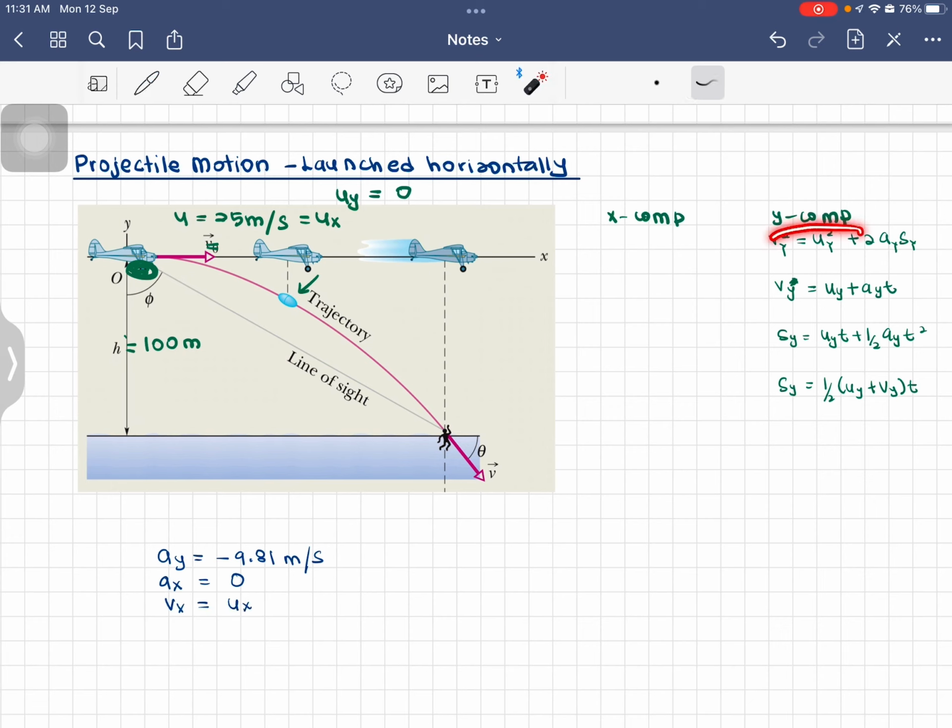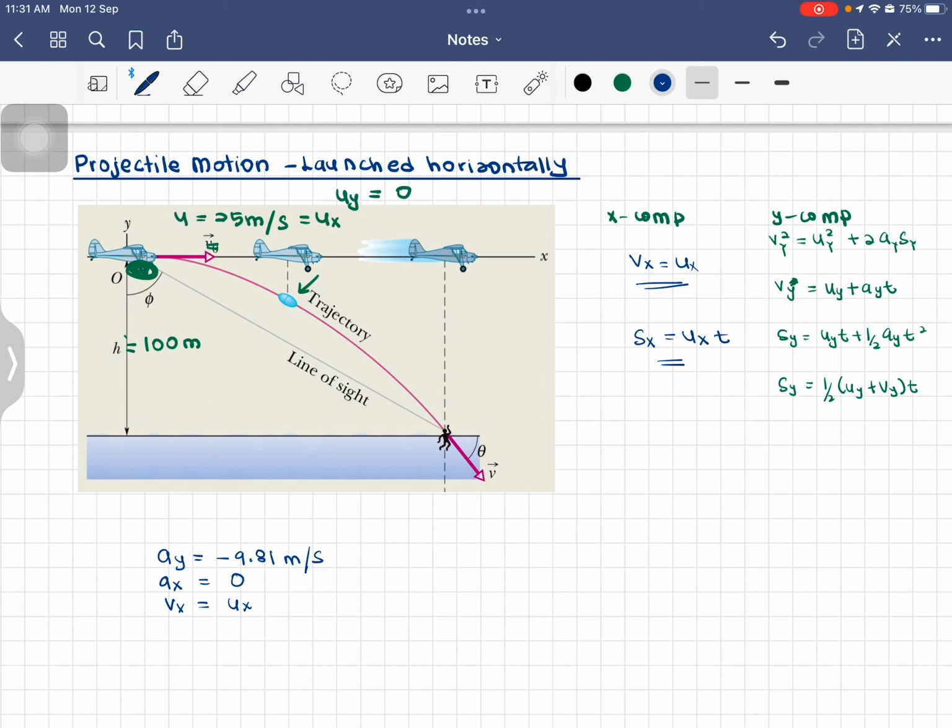So the equation v squared equals u squared plus 2as for the x component becomes just this. The same goes for v equals u plus at, we only get this equation. And for s, since ax is equal to 0, you will have this equation. Same as the below, s equals half (u plus v)t, you will get this equation too. So these are the only x component and y component equations that apply in this situation.